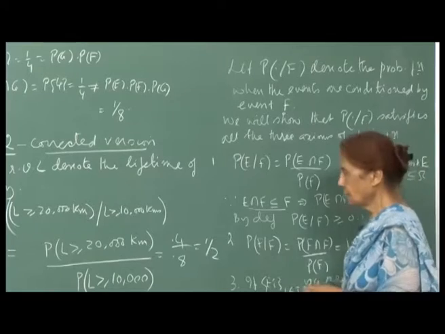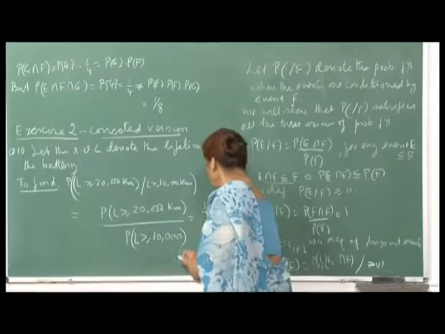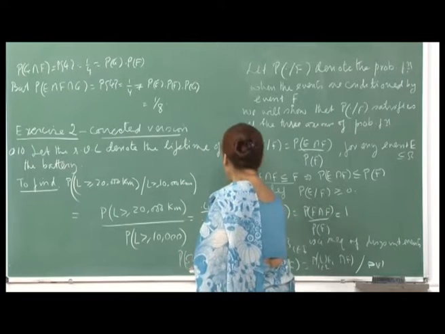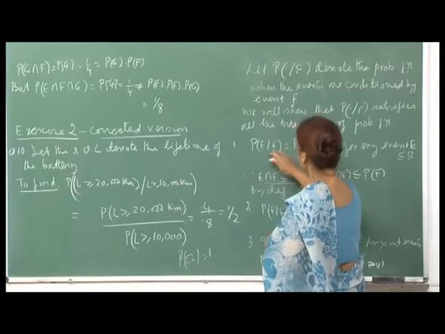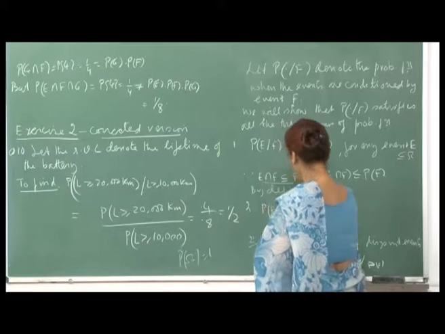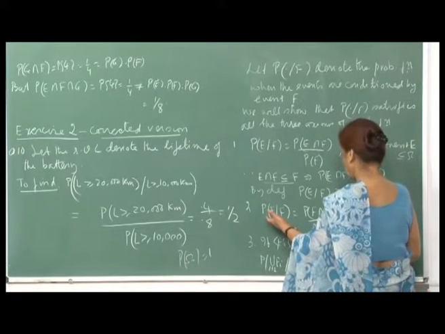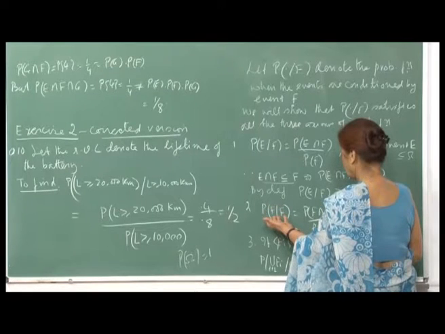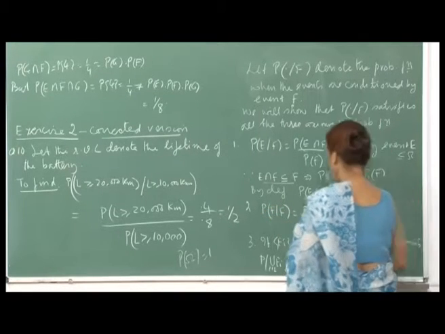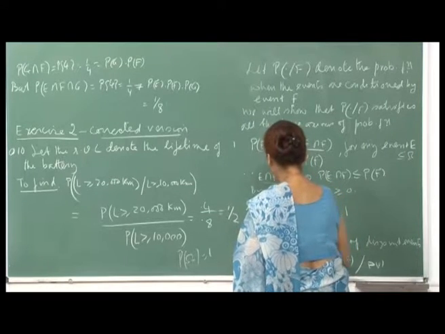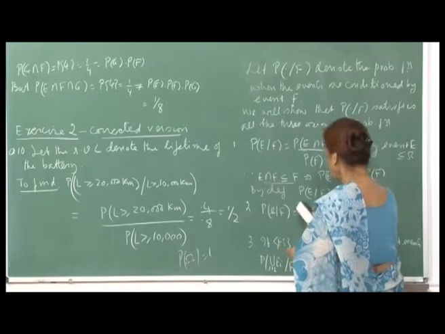Now, the second axiom said that the probability of omega should be 1. Here, because we are conditioning on F, the corresponding axiom would be that the probability of omega conditioned on F is 1.